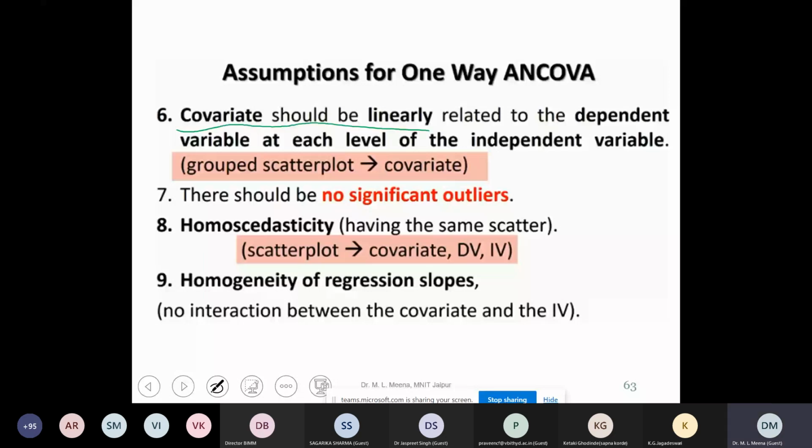There should be homogeneity, having the same scatter when we plot the scatter plot of covariate and dependent variable, and homogeneity of regression slopes, with no interaction between the covariate.